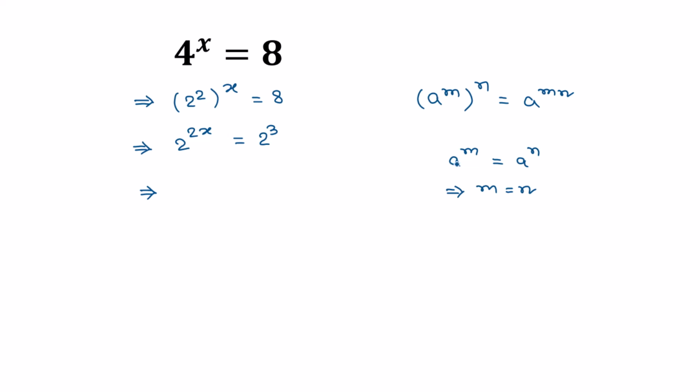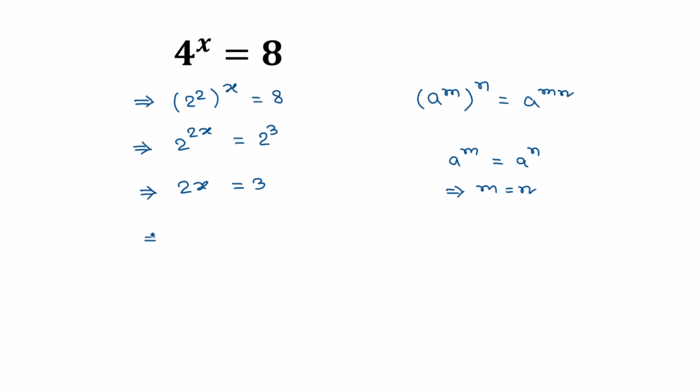That means when the bases of both sides are the same, then the powers of both sides will be equal. So here these 2 and these 2 are equal, so both sides have the same base, so the powers will be the same. So we can write 2x is equal to the power, which is 3.